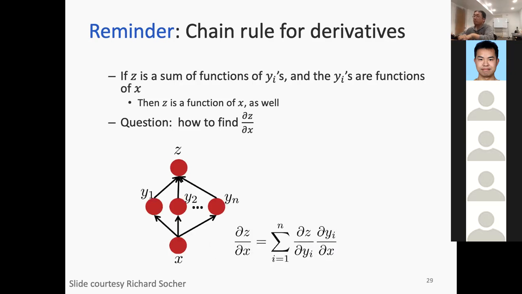So in general, suppose z is a function of n variables, y1 to yn, and each of these n variables can be viewed as a function of x. Then if you want to compute the partial derivative of z with respect to x, we're going to first compute the partial derivative of z with respect to each variable yi, and then multiply with the partial derivative of each variable yi with respect to x, right?